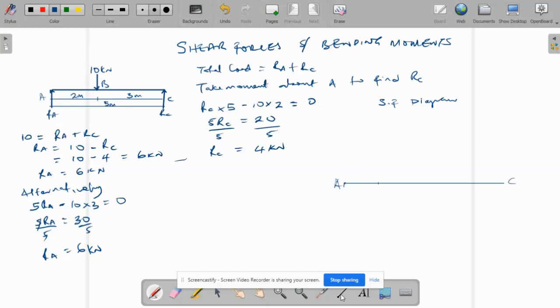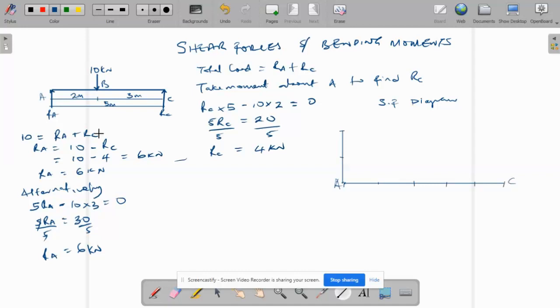From here vertically, let's take an interval between 0 and 10: this is 0, this is 5, this is 10. So this side we take 1, 2, 3, 4 and 5.